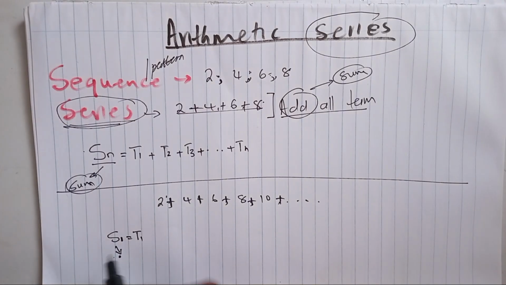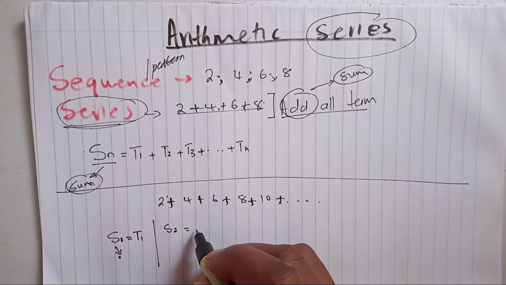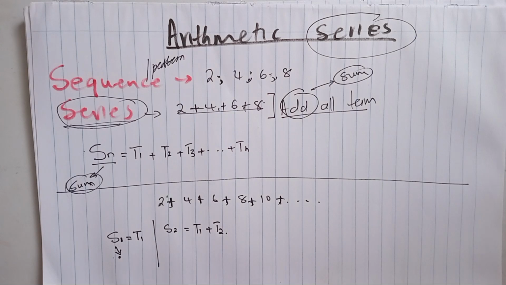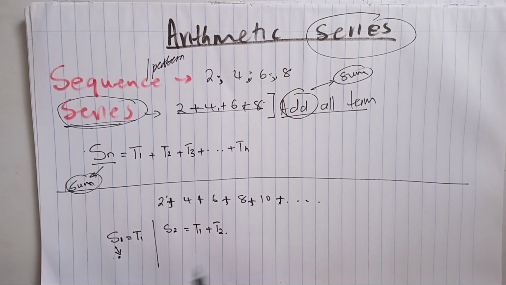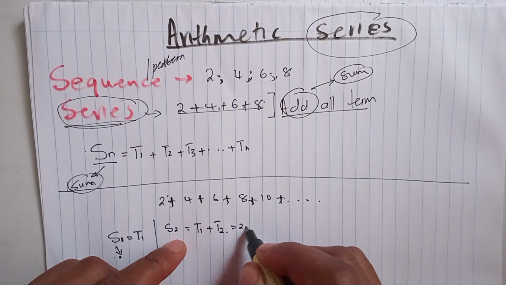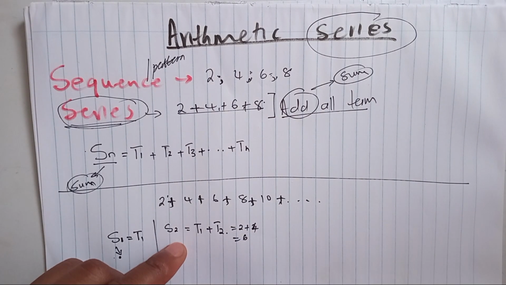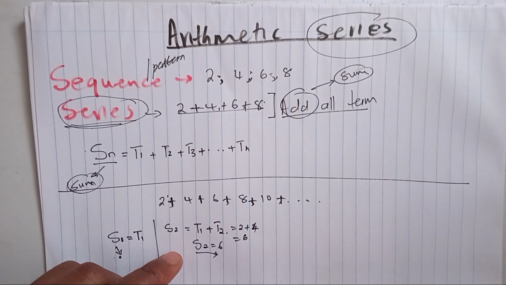And then when I'm saying S2, I mean that it's going to be T1 plus T2. It means the sum of the first 2 terms. I'm adding 2 and 4, which will be 2 plus 4, and that results in 6. So S2 in this case is equivalent to 6.